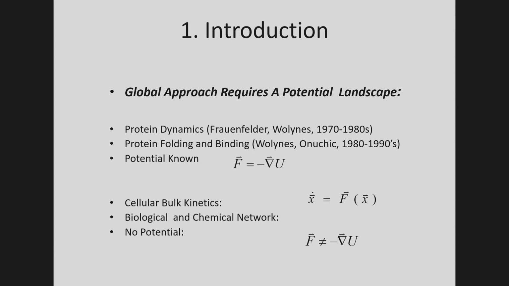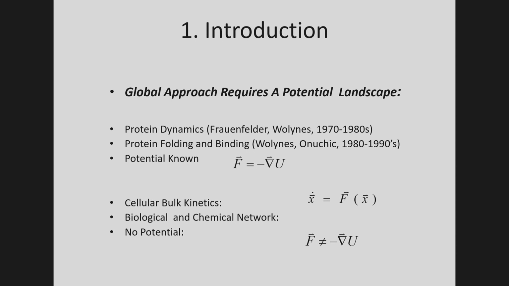This is successfully applied to those. However, when you look at the cell, unlike the folding and the binding, which can occur spontaneously, in the cell, as I said, the net flux from the material and energy exchange precludes this expression.